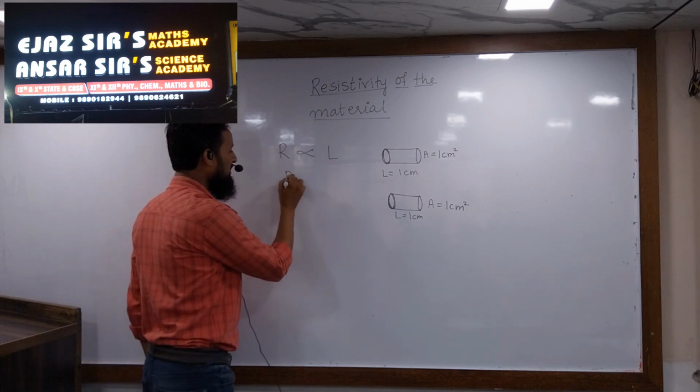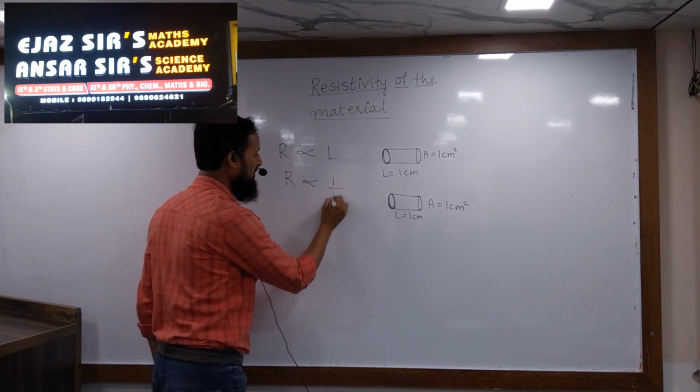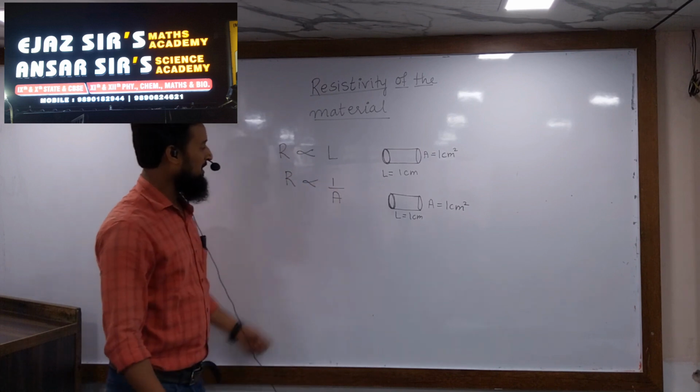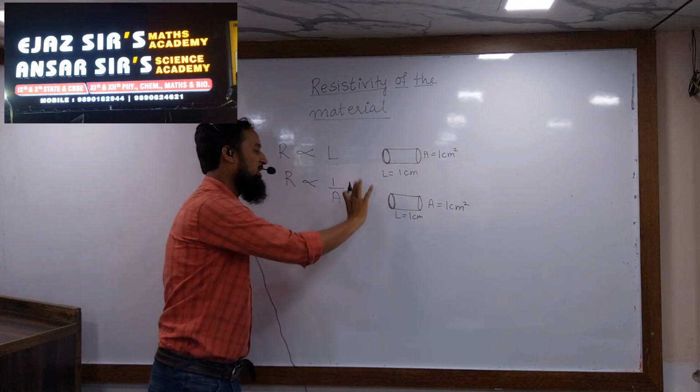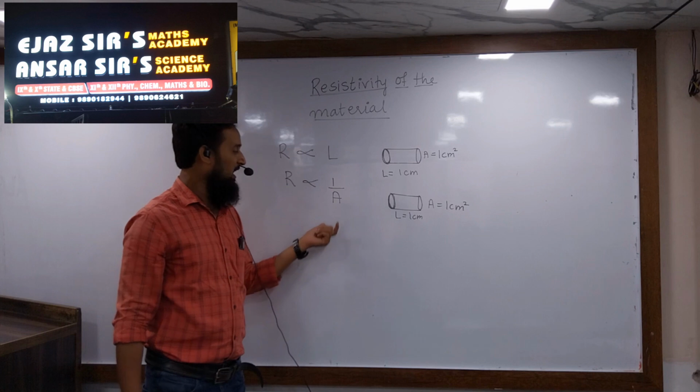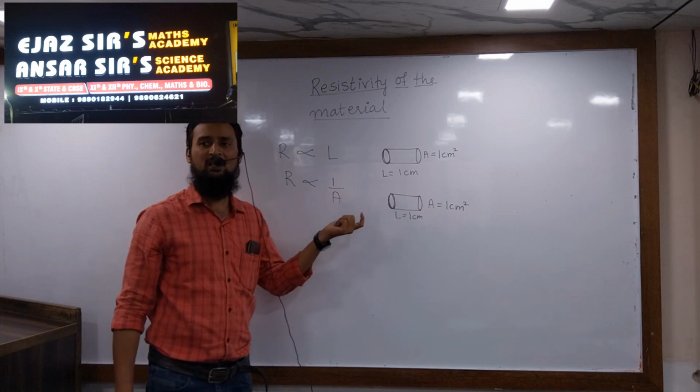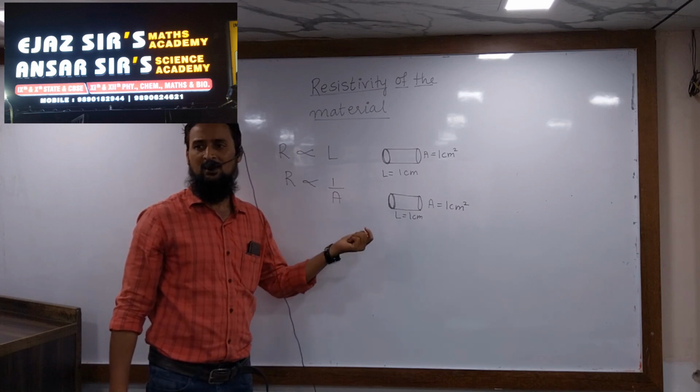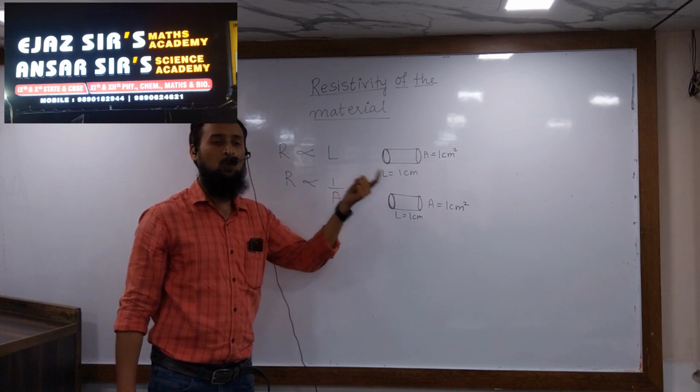And resistance is inversely proportional to area of cross section. If the thickness of the wire is more, its resistance will be less, and if it is less, then its resistance will be more.